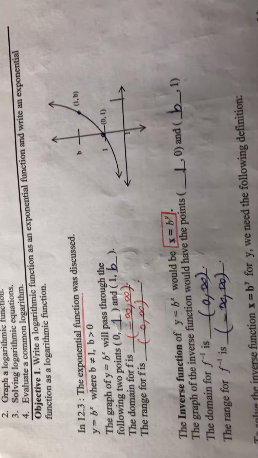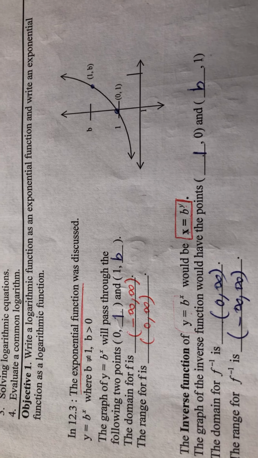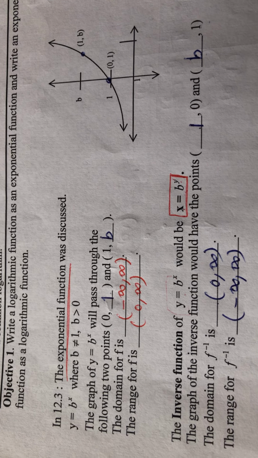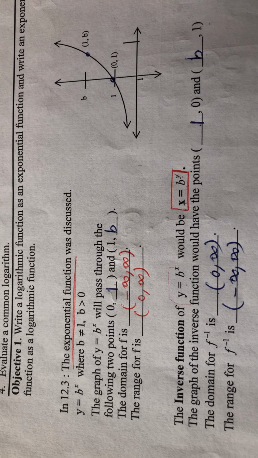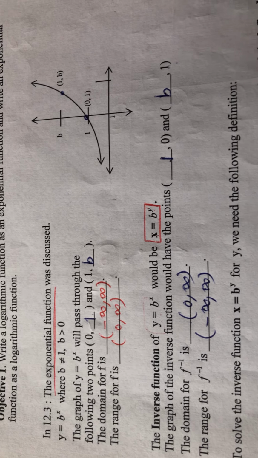In section 12.3, the exponential function is discussed. So here y equals b to the power x, where b is not equal to 1 and b is greater than 0.